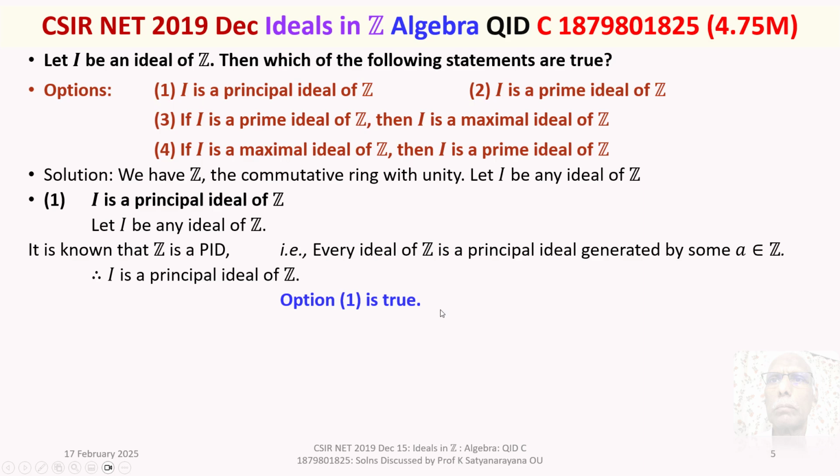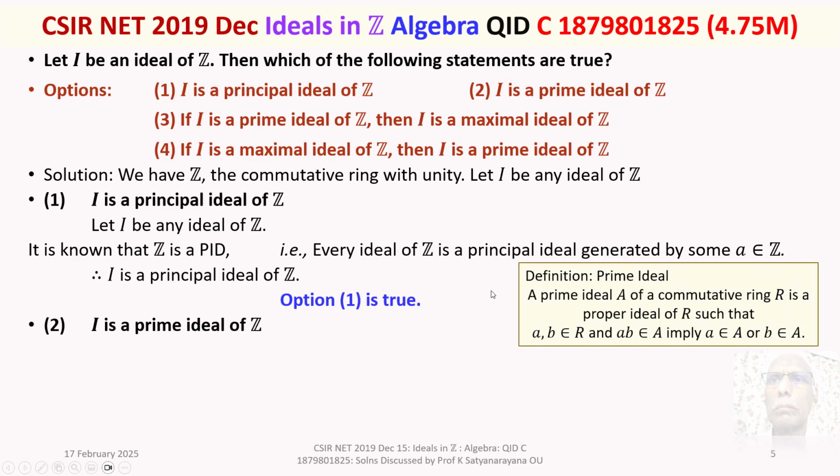Right. We take option 2. I is a prime ideal of Z. Not necessarily. So if it is not necessarily, then we give a counterexample. Here is the definition of the prime ideal.